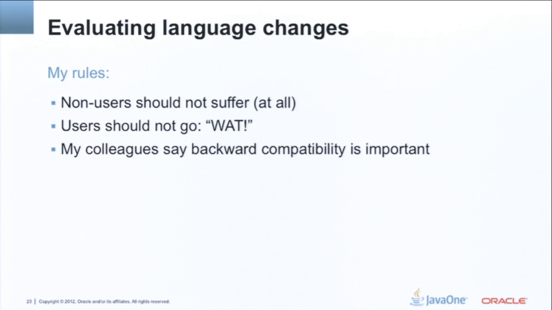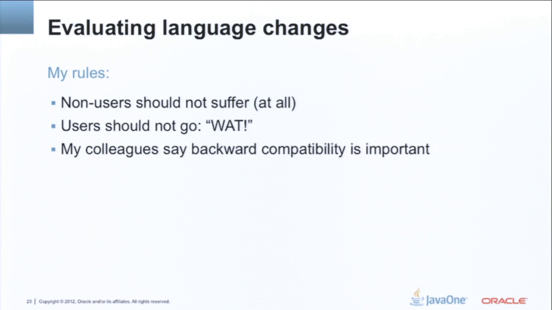For example, if you don't use a proposed feature, you shouldn't suffer at all. And I think this is pretty reasonable. You're sitting with your code, you don't use the feature, and suddenly someone introduces something over here, and you start to suffer. I really dislike that idea.